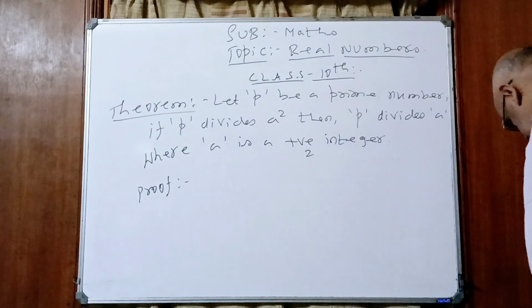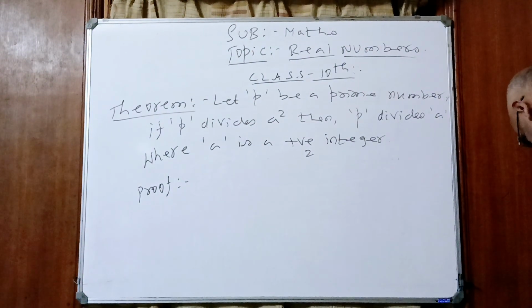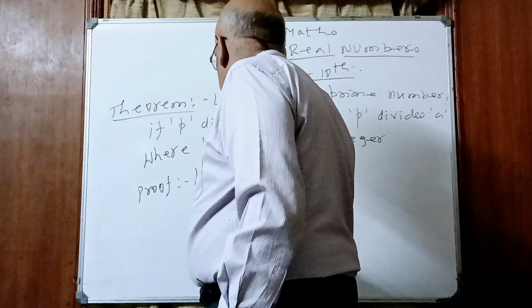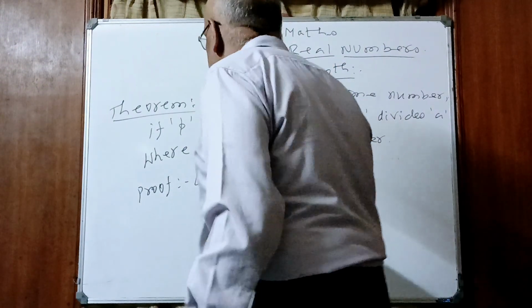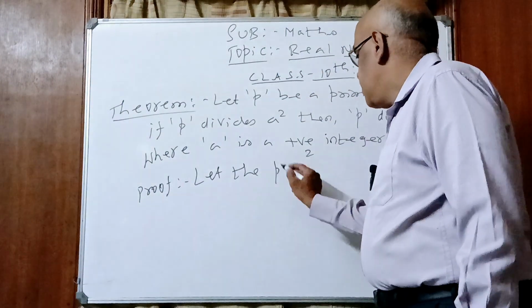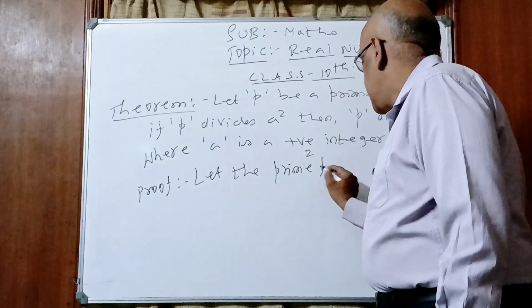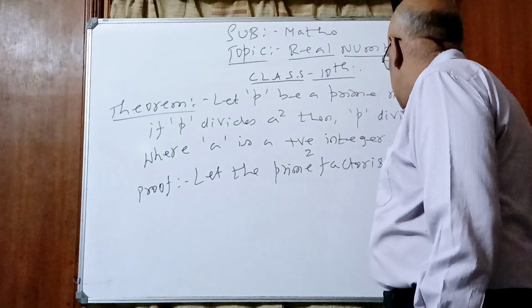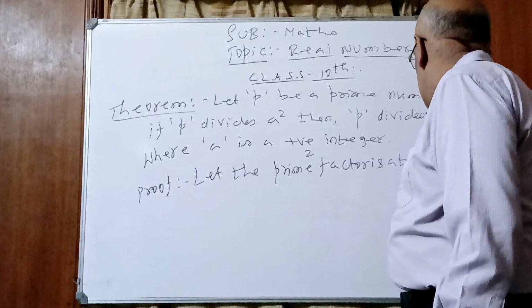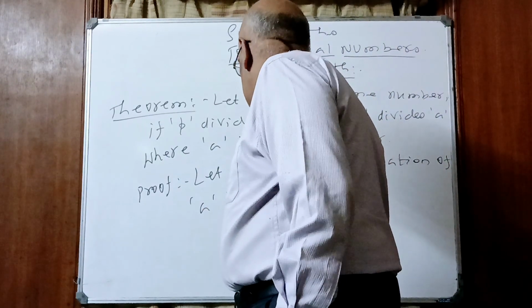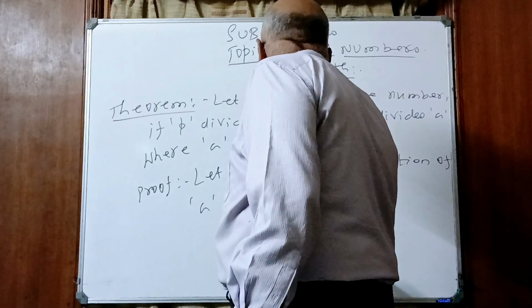What is the proof? Children, the prime factorization of a is as follows. Only based on assumption we prove this. Let the prime factorization of a be as follows.